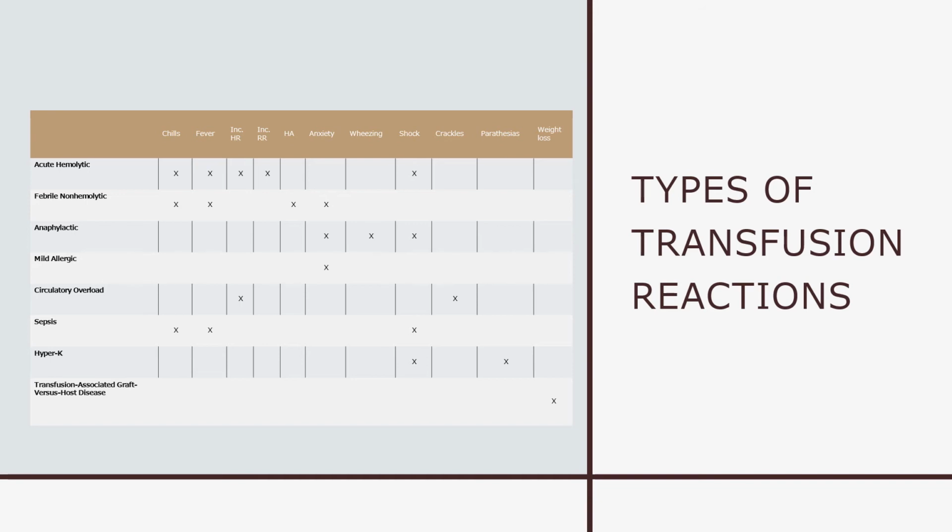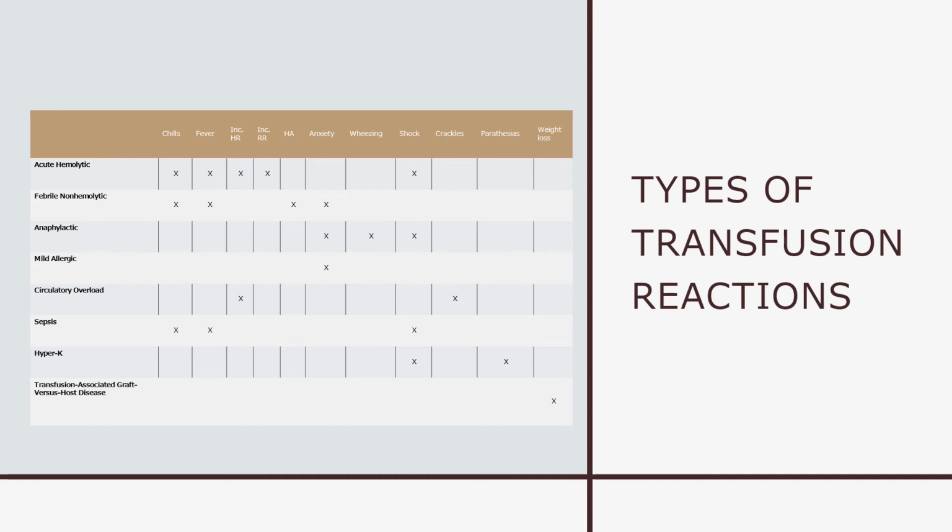Now, with your transfusion reactions, there's multiple types. And so a lot of symptoms overlap. So I tried to make like this table so that you can see the symptoms and how to pair them up. So acute hemolytic reaction is going to be a transfusion reaction, and the client may exhibit chills, fever, increased heart rate, an increased respiratory rate, and signs and symptoms of shock.